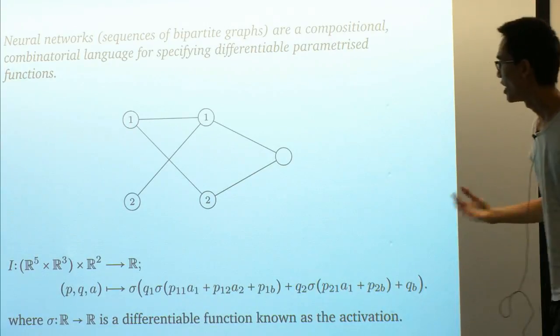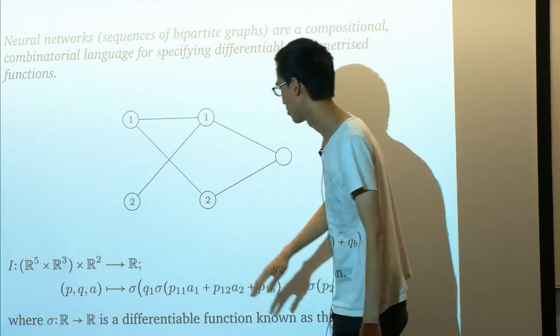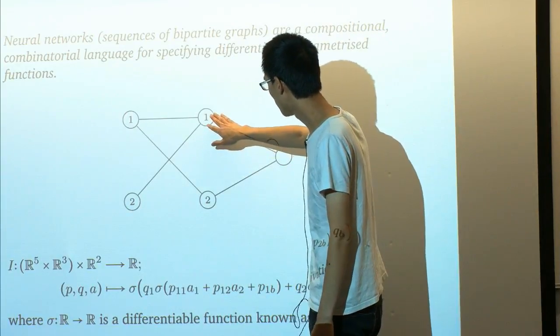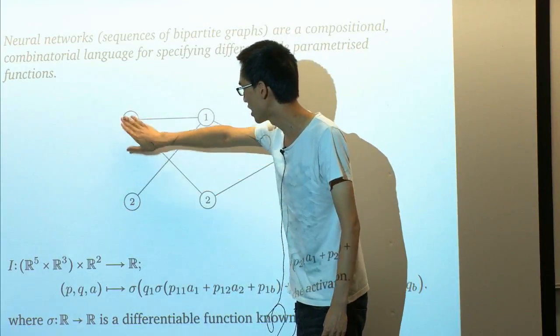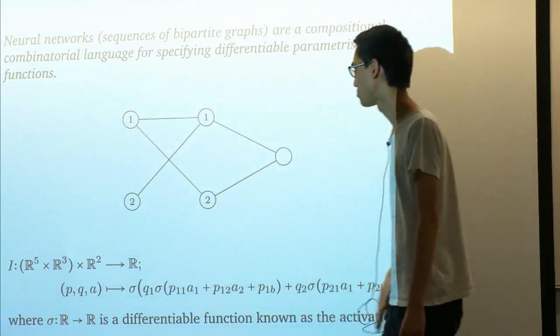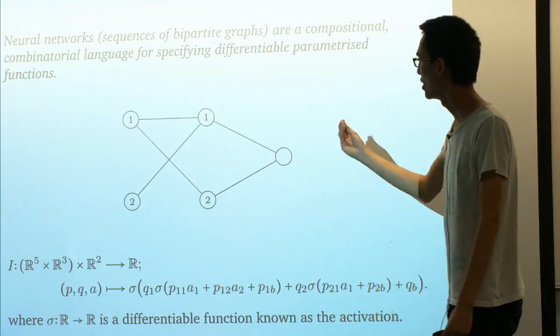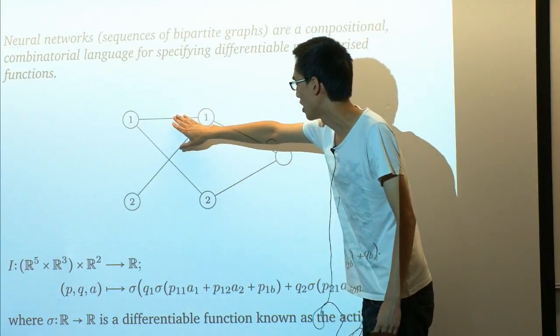OK. Now, but what function do we get? The basic idea is this. We start with some inputs at the input nodes, some value A1 here and some value A2 here. And we feed forward. We have weights on these edges.